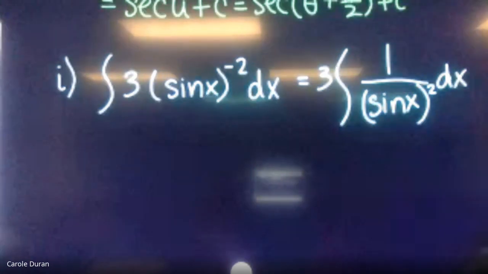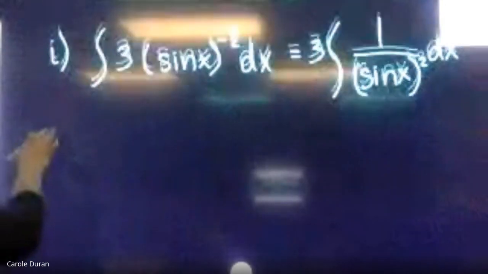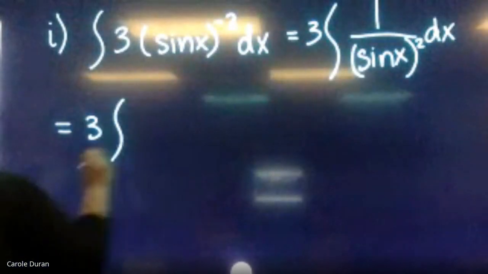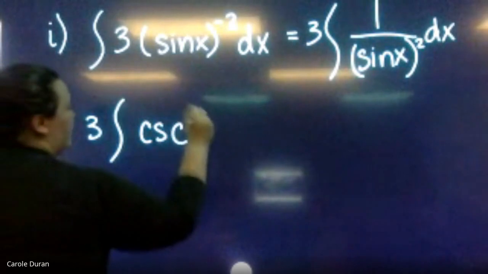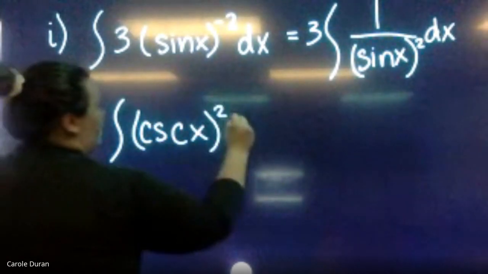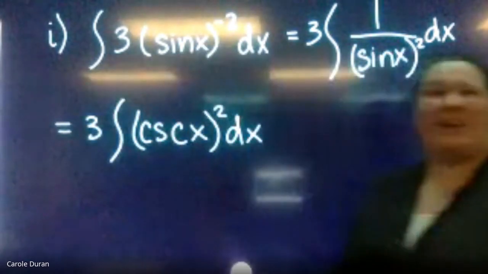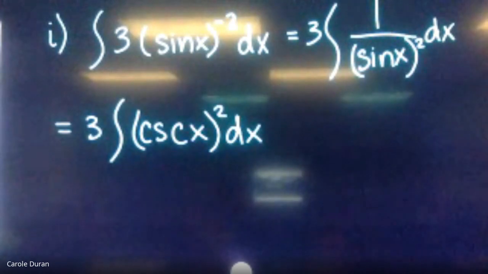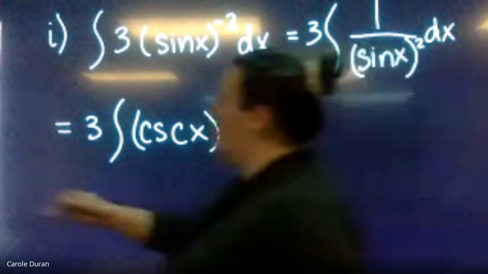Cosecant. So then this is the same as 3 times the integral of cosecant x squared dx, which I know is going to work out perfectly because cosecant has a really nice antiderivative that's not going to give me a fraction. So now I can go ahead and do my u substitution.